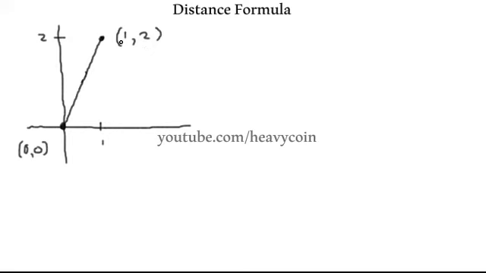Okay, so we're given these 2 points, and now we want to find the distance. Well, we know that this distance here is 1, and this distance is 2. So let me just drop another triangle over here. So this side is 1, and this side is 2, and we're going to use the Pythagorean Equation, really is what it's called, to find the distance or the hypotenuse of this right triangle right here.